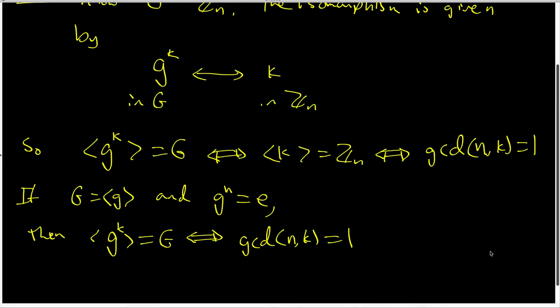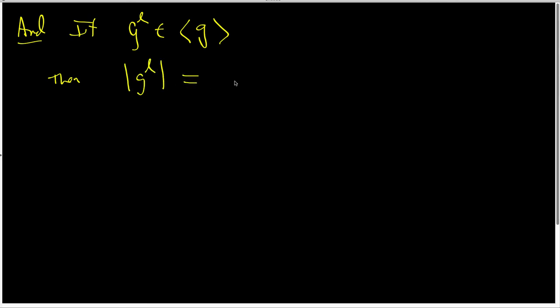The other fact that we know about orders inside Zn also generalizes. So I can also say that if I look at g to the l inside of the cyclic group generated by g, then the order of g to the l is going to be nothing more than n divided by the GCD of l and n.